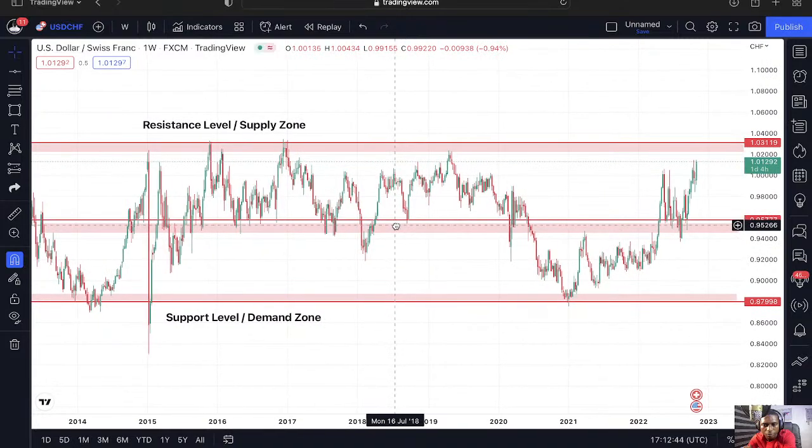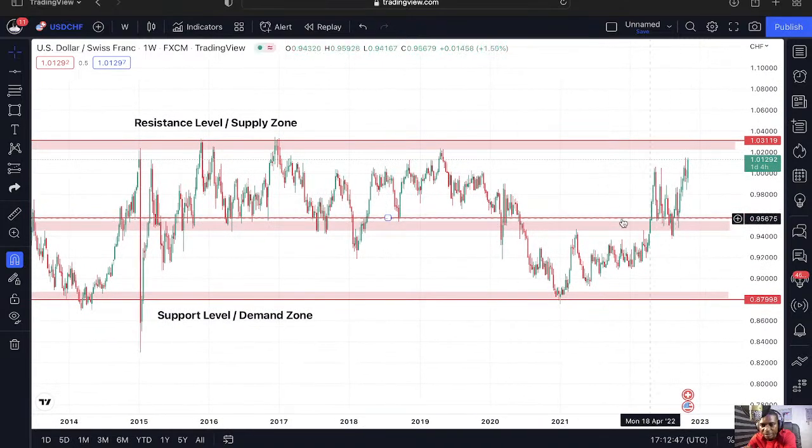So you can see price has been rejecting at this level.